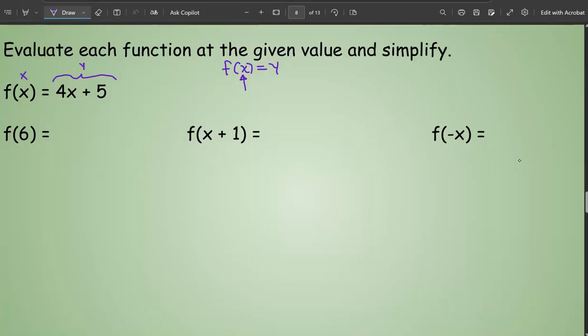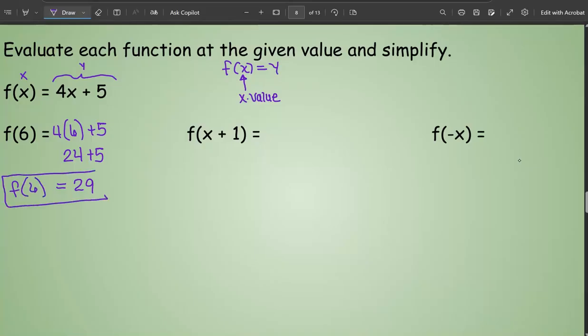This right here is always going to be your x value. So I'm going to do 4 times 6 plus 5, which is 24, plus 5, which is 29. So f of 6 equals 29.